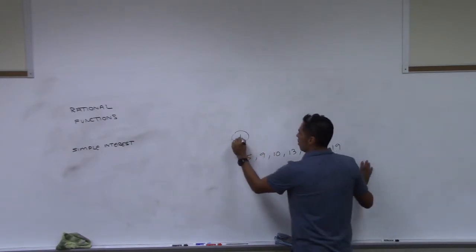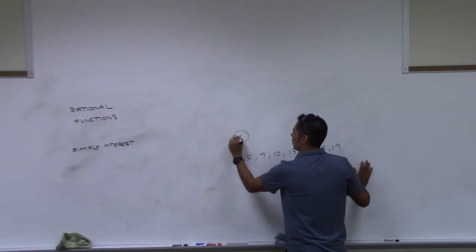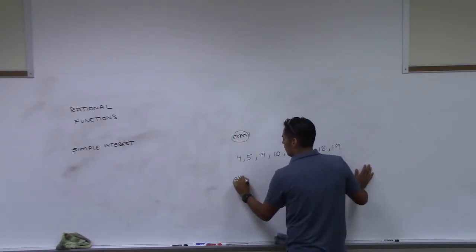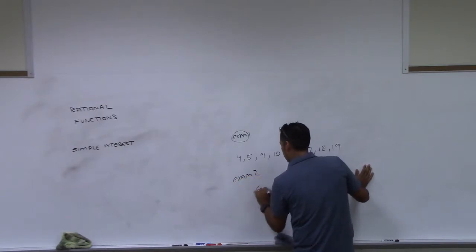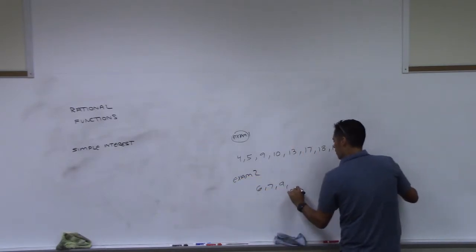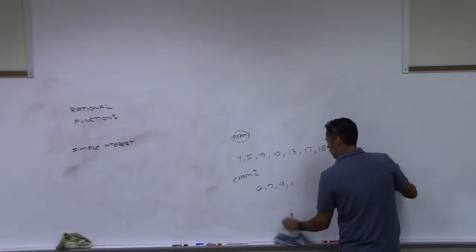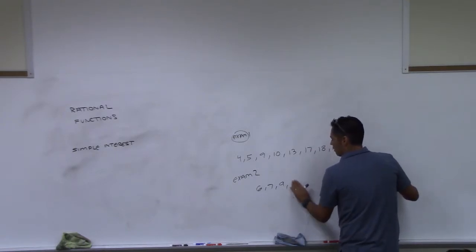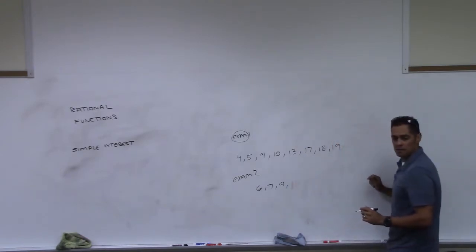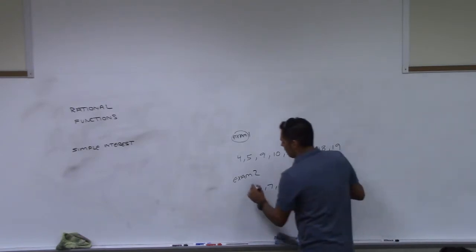Okay, that was exam 1. And then exam 2: 6, 7, 9. Not one like that. 6, 7, 9? Okay. That's off exam 2.